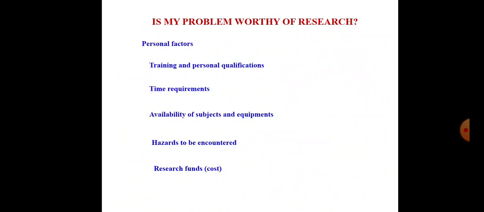And to answer the question, is my problem worthy of research? We have to prepare personally, whether the researcher is qualified with training and practice, and has learned current subjects, theories or principles.